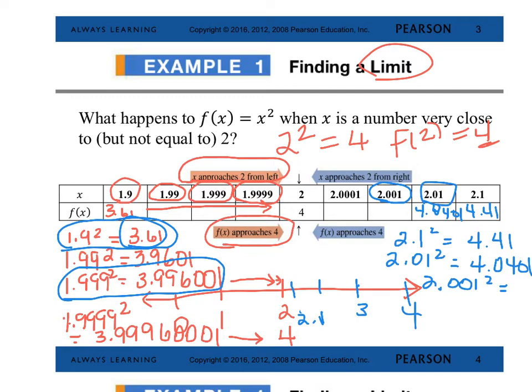And when you square 2 and 1/1000th, you get 4.004001, which is 4,001 millionths more than 4. That's pretty close to 4. But we want to get just a tiny bit closer still.